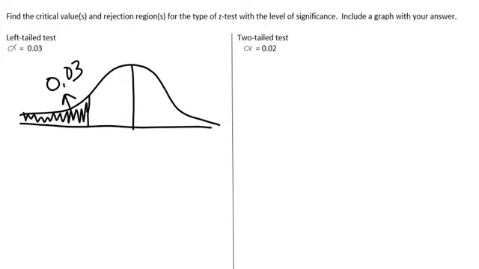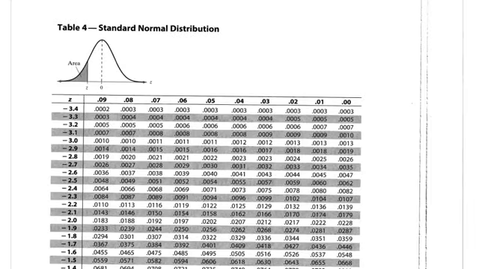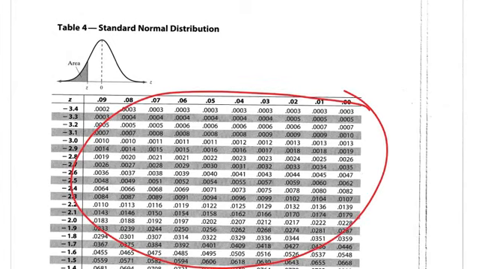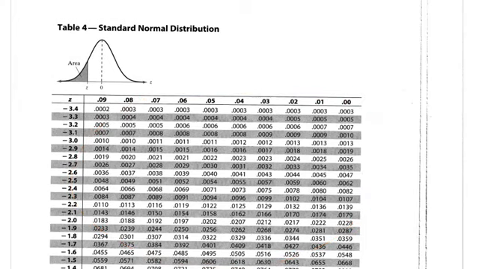Now what we want to do is find the critical value, and the critical value is that z-value that corresponds to the area of 0.03. Let's go to our chart. Here's my chart, and I'm going to look in the body, the middle portion, and try to find the value that's as close to 0.03 as possible.